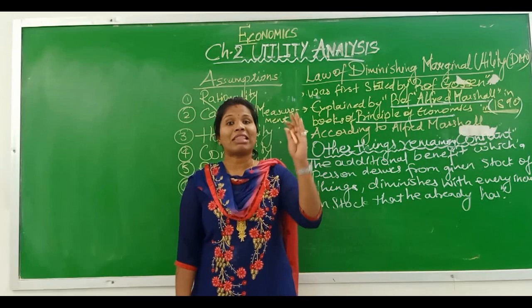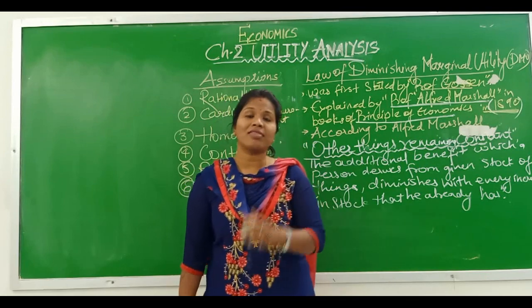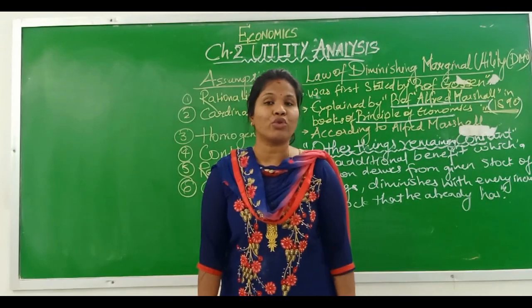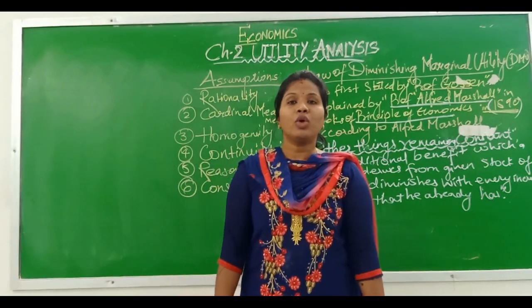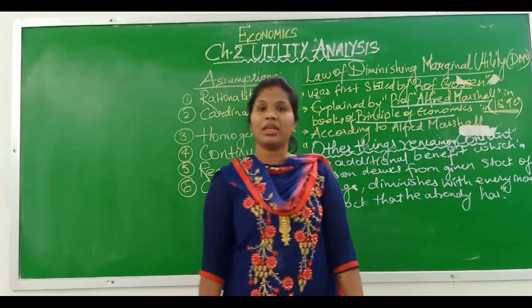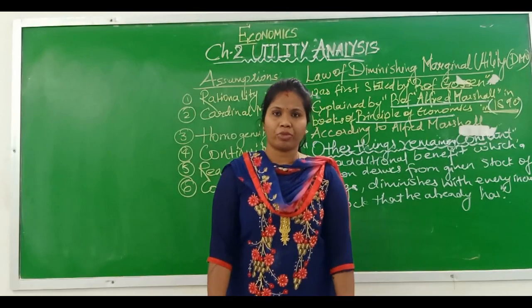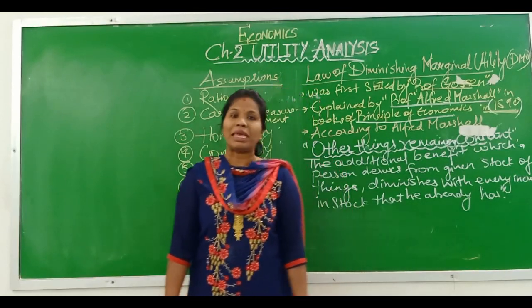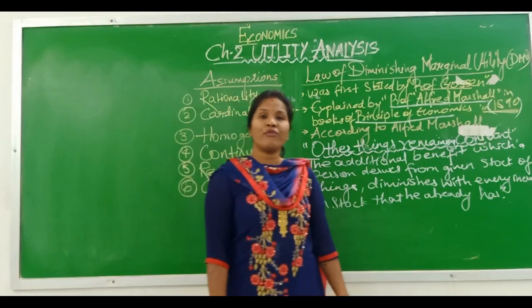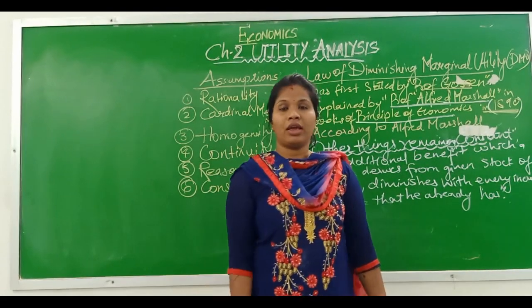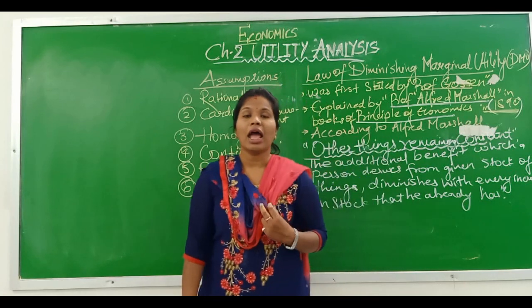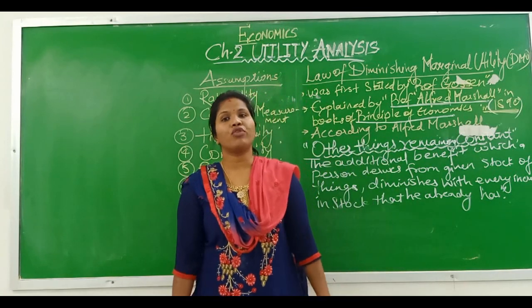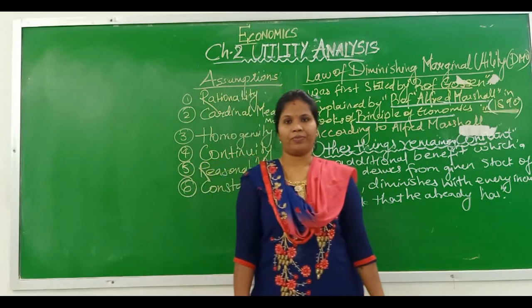That means his taste, habits, likes, dislikes should be same. It should not change. And the marginal utility in terms of money should also be same. What does this mean? This means that if the first unit is of 2 rupees, the second unit, the third unit and all the units should be of 2 rupees itself.